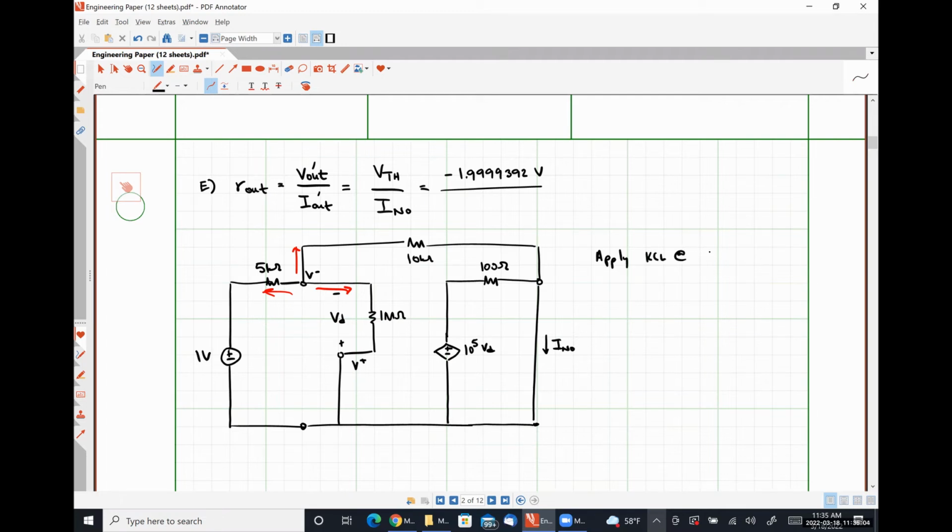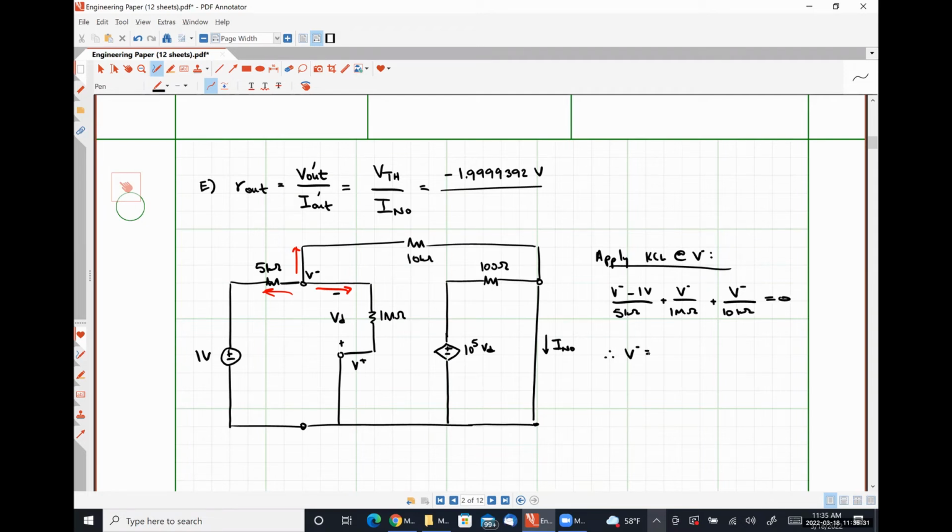So if we apply KCL at our inverting input node, we get V minus minus 1 volt over 5 kilo ohms plus V minus over 1 mega ohm plus V minus over 10 kilo ohms is equal to 0.